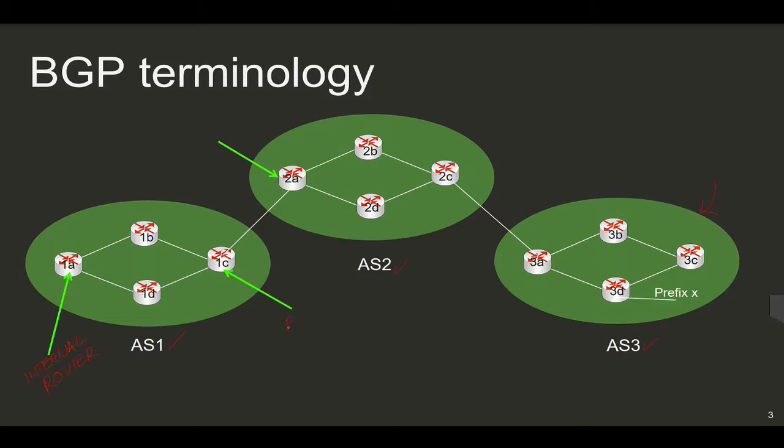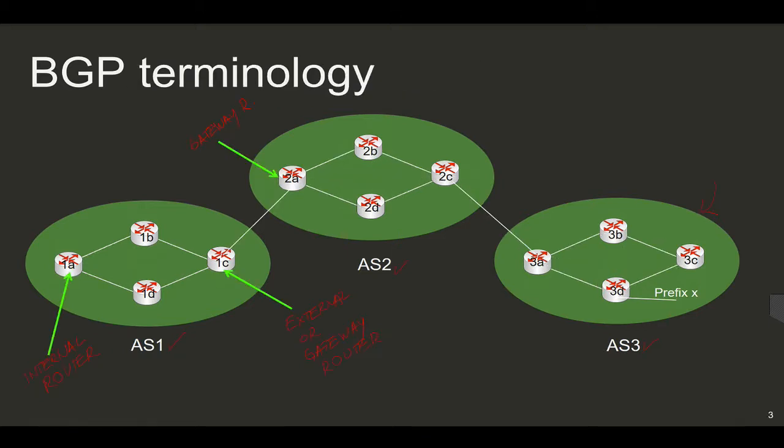So this will be an external router, or also could be called a gateway router. Another name for routers like 1C and 2A is a BGP speaker. So these are gateway routers.